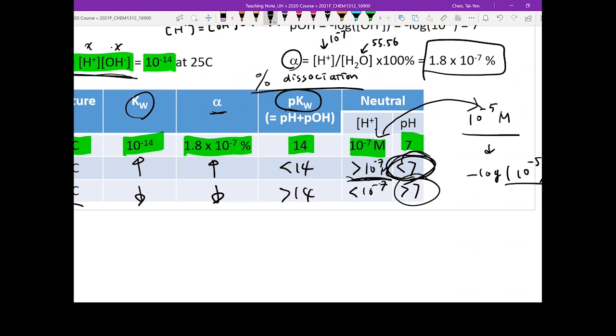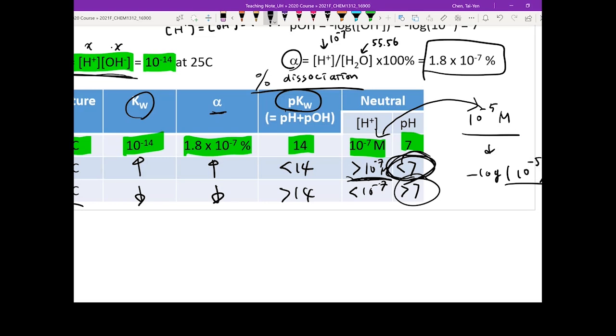They are still neutral, even if you see the pH is below 7. So if you go to different temperature, the neutral value of your pH also changes. Regardless of temperature, your water will always be neutral. The pH just tells you quantitatively how many protons you have inside your solution.